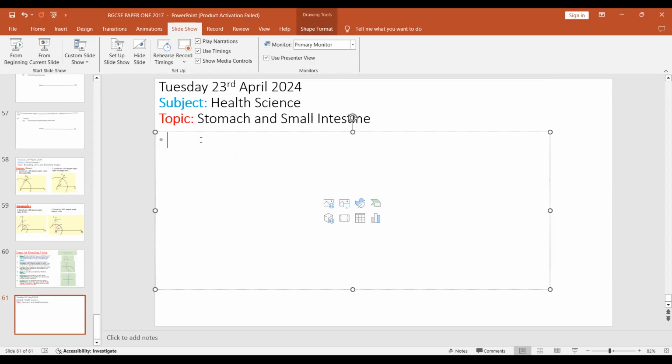Let's start off with the tissues that make up this organ, because the stomach is an organ made up of tissues.